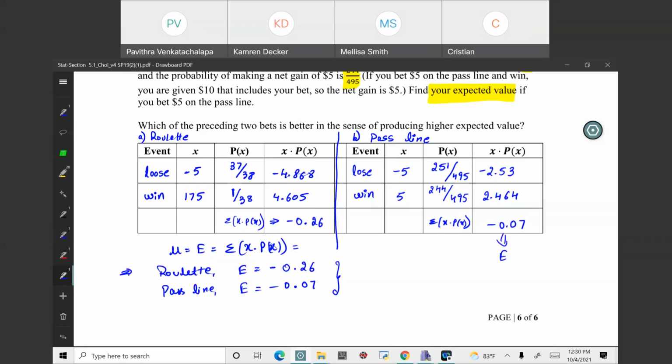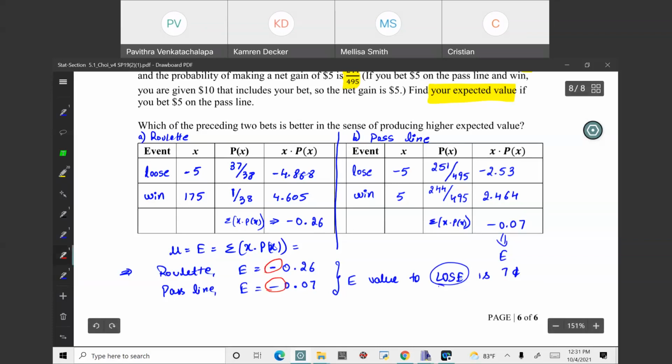Why? Very good. So you said the expected value to lose is roughly 7 cents, right? Now, why did I say lose? I can also say win, but why did I mention only lose? That's because of this negative value.